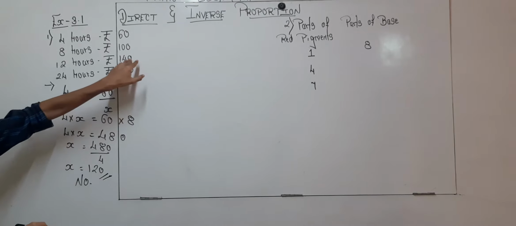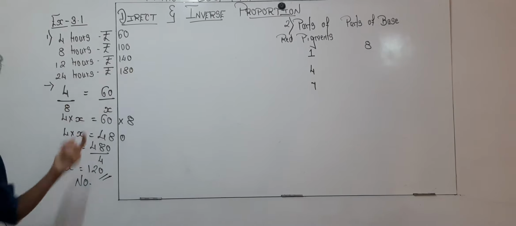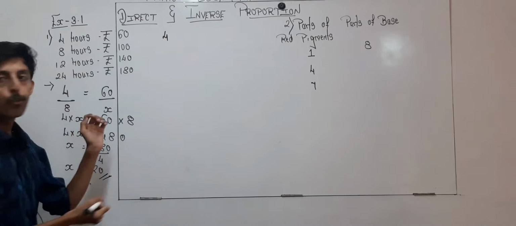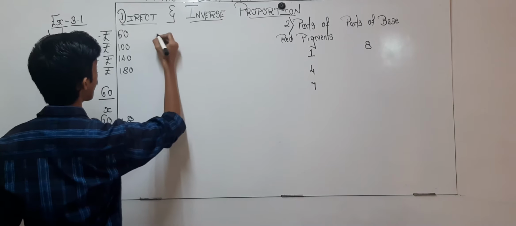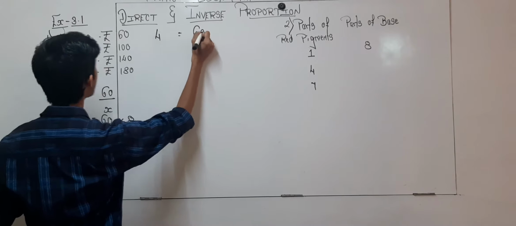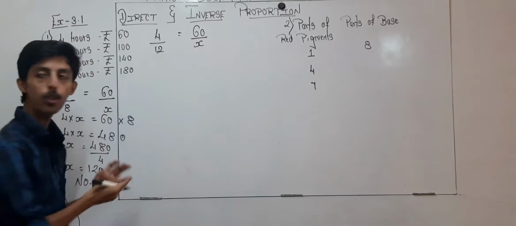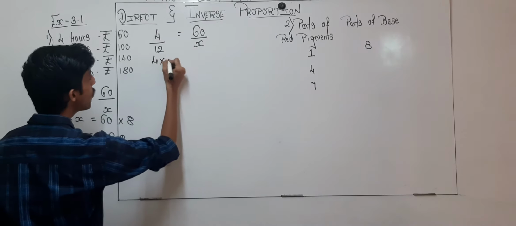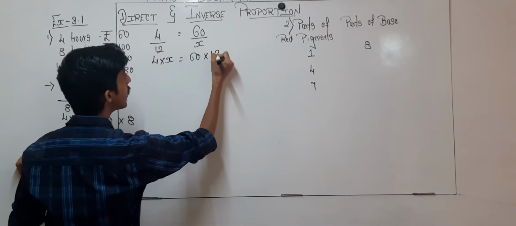Now going on to our third concept, that is 12 hours equal to 140. Again the same base, 4 hours. In 4 hours, how much are we earning? 60 rupees. So in 12 hours, how much will we be earning? That is x. Again the same concept: 4 into x is equal to 60 multiplied by 12.